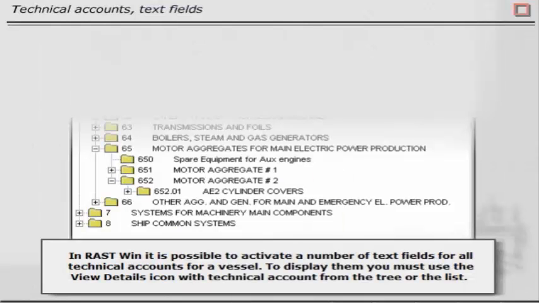In RAST Win, it's possible to activate a number of text fields for all technical accounts for a vessel. To display them, you must use the View Details icon with a technical account from the tree or the list.